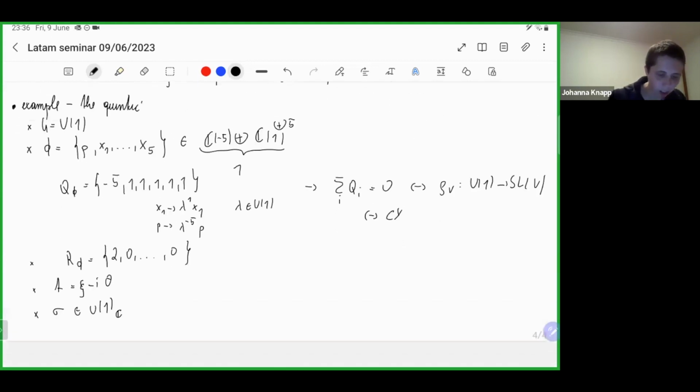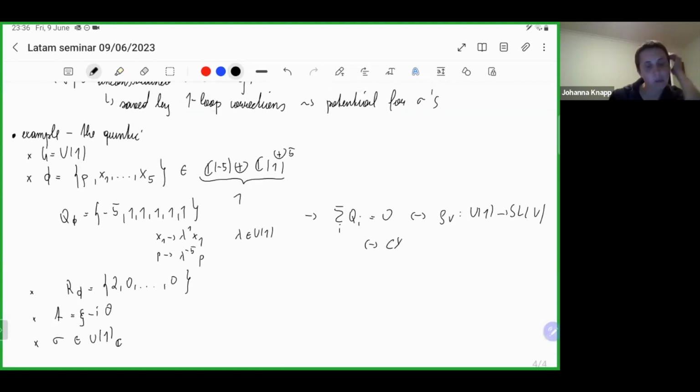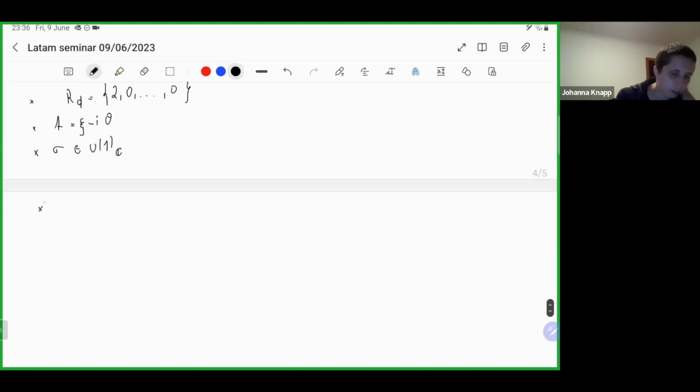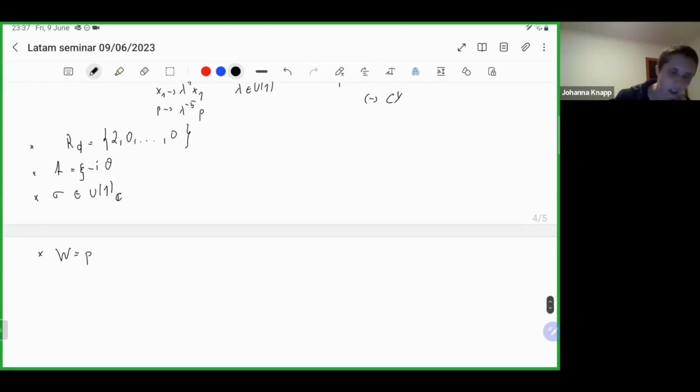There is a potential. So what we'll have to do now is we have our field content, and we will have to write down the most general interaction term that is gauge invariant and has R charge 2. And because I have given the P field R charge 2, it had better appear linearly, because that already carries the full R charge, since I've given the X's R charge 0.